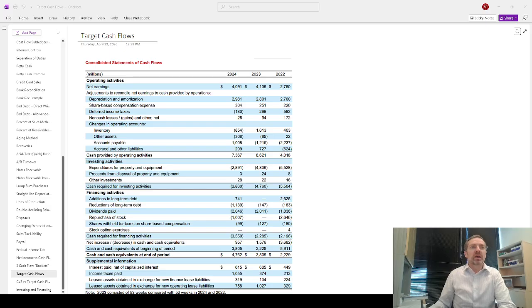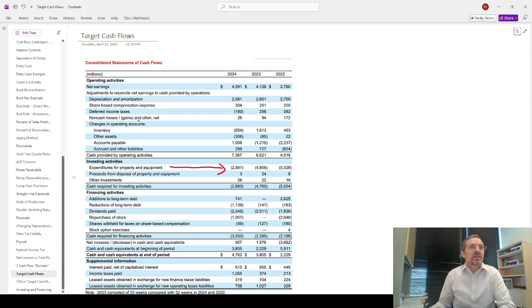So the investing and financing sections are set up very similarly. Investing has a lot to do with property, plant, and equipment. And right now, it shows that Target spent $2.8 billion.